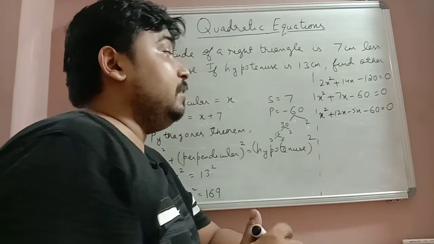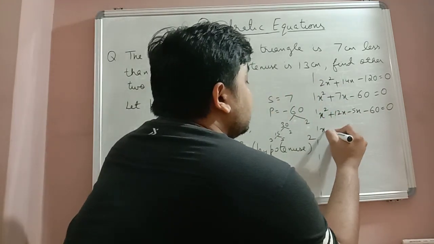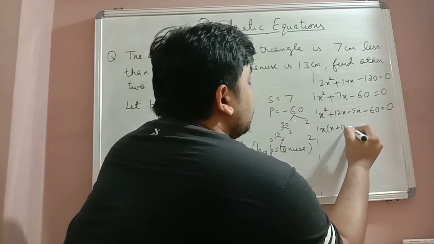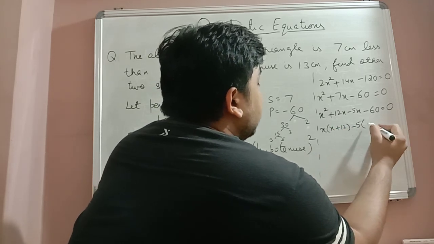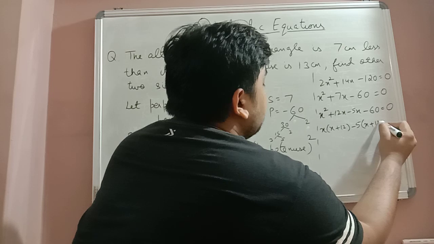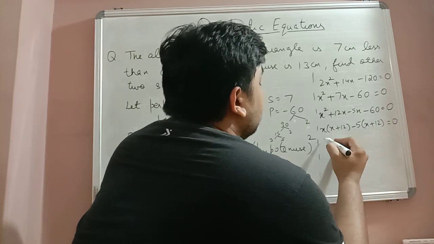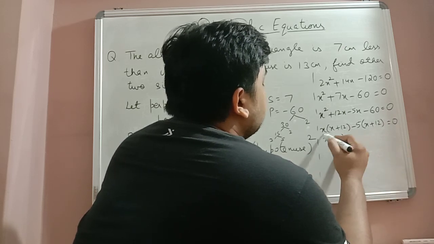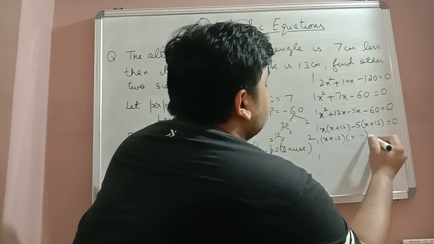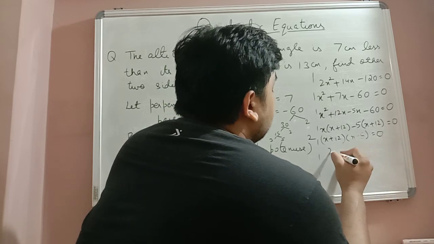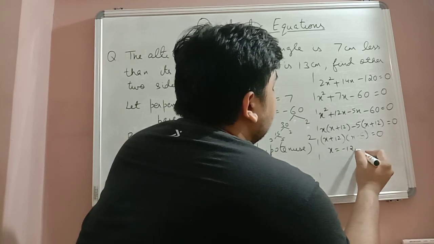Now in the first two terms, x is common, I will get x plus 12. Next two terms, minus 5 is common, again I will get x plus 12 equal to 0. I will get x plus 12 into x minus 5 equals to 0. We will get x equals to minus 12 or 5.